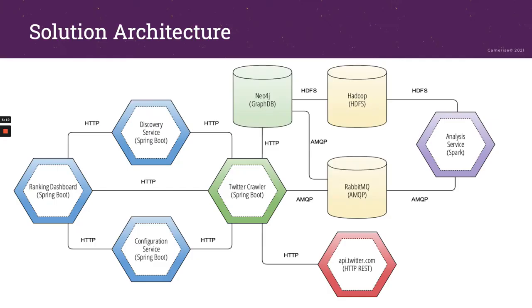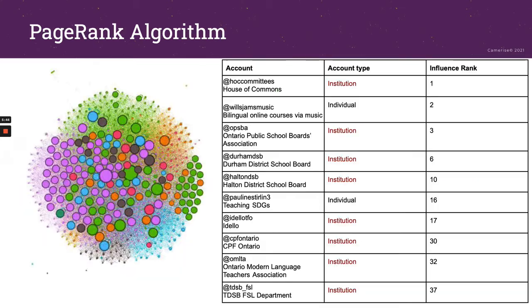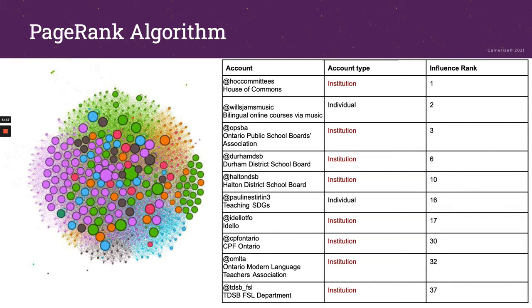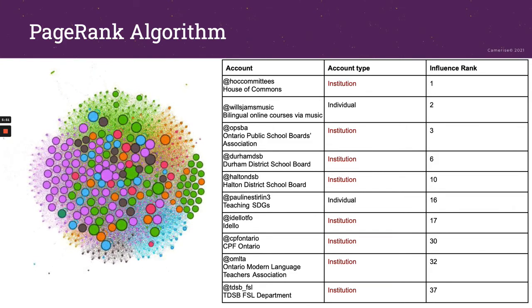So here's an overview of the solution architecture for the application I built to rank user influence on Twitter. More precisely, the research problem I was solving was related to how to discover top K influencers on Twitter using the set of seed profiles and their second degree connections as the input network. So in terms of the algorithm, I used the PageRank algorithm to approximate the influence of user profiles on Twitter.